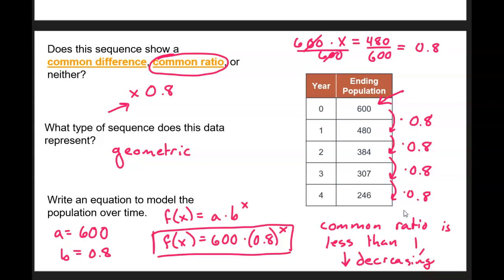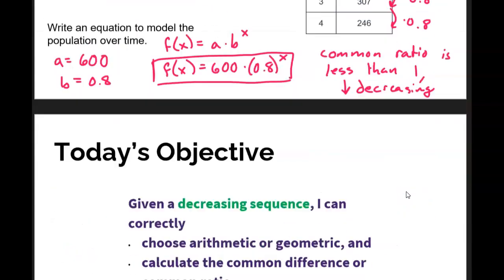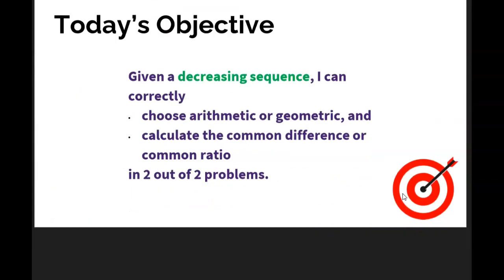Cool, so we looked at a decreasing sequence for arithmetic and a decreasing sequence for geometric, and that covers today's objective. Given a decreasing sequence, I can correctly choose arithmetic or geometric and calculate the common difference or common ratio. The common difference is going to be negative, and the common ratio is going to be less than 1 but greater than 0.